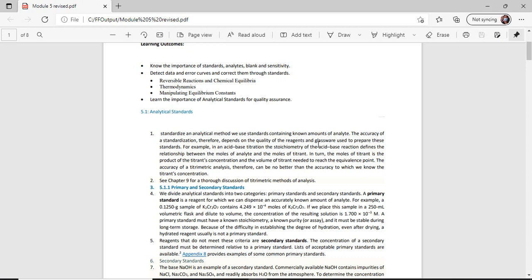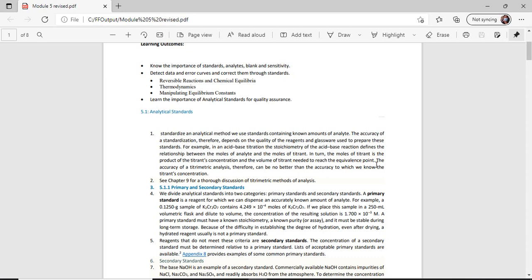If you know the amount of your titrant, it is proportional to the concentration or moles of your analyte. In turn, the moles of your titrant is the product of your titrant concentration and the volume of your titrant needed to reach your equivalence point.